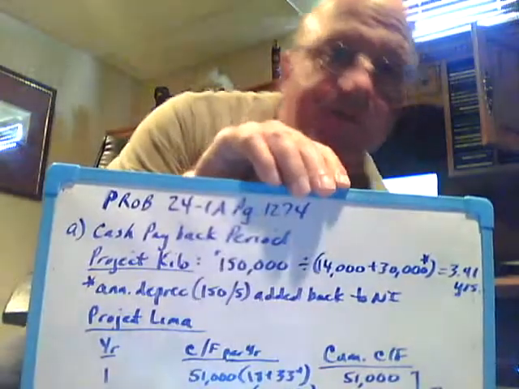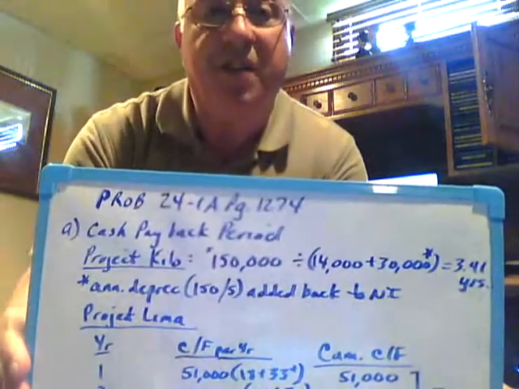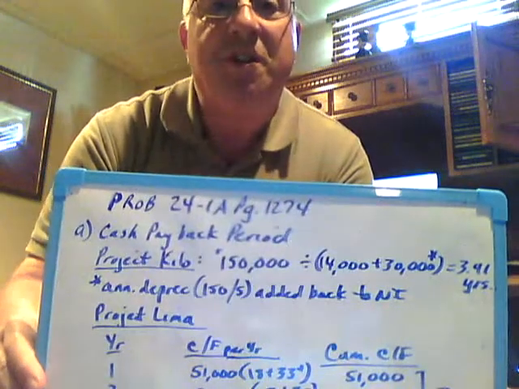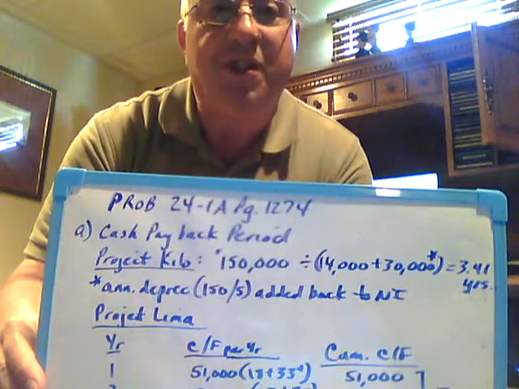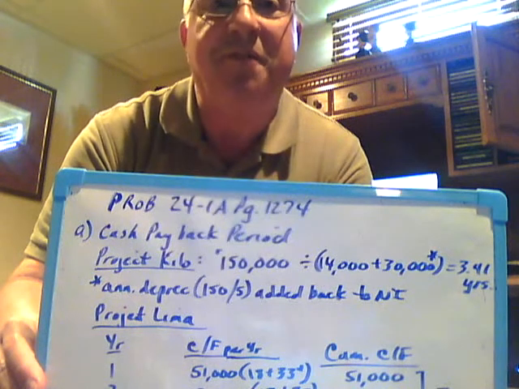And so when we look at this for this first project, Kilo, this involves the same projected net income years 1 through 5.